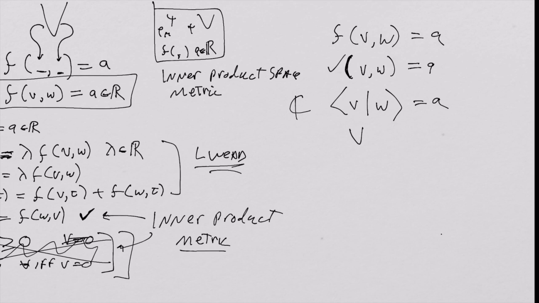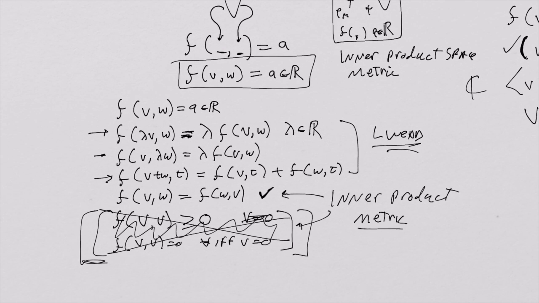The other one is to use the elementary physics notation, V dot W equals A. The dot product of your elementary physics vectors is in fact an inner product. It satisfies these rules, but it also has this rule, by the way, because you've never seen V dot V be less than 0, right?